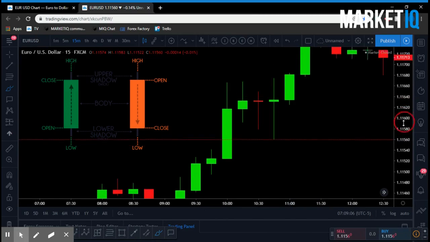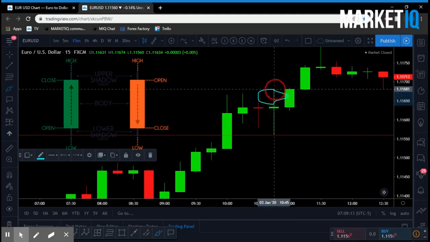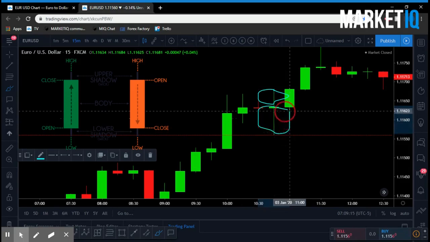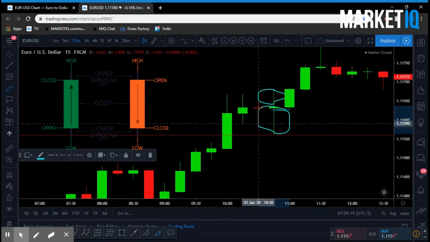Sometimes you can see you've got wicks on both sides. You've got one here and you've got one here. So basically when price got here, it just bounced around and it didn't make any real movement.